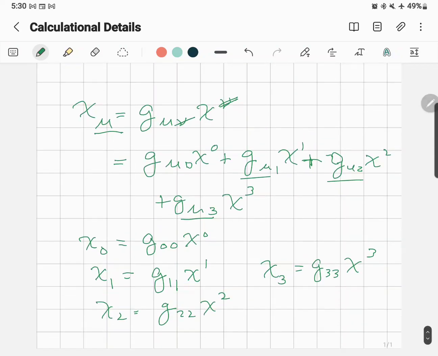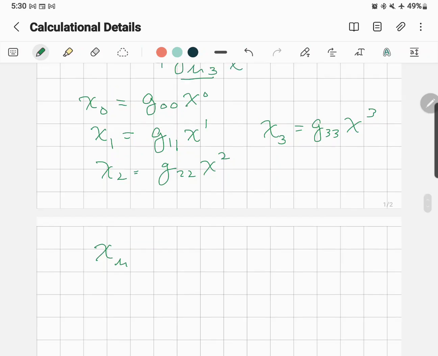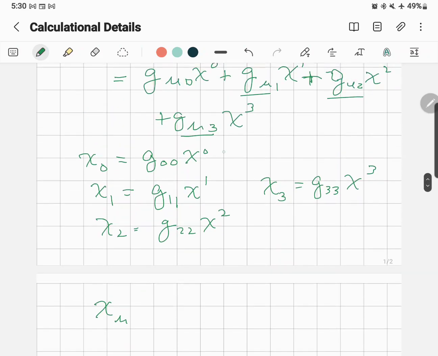So in this case, you will have x_μ equal to, this is of course 1 times x sub 0, so that will just be equal to x0.